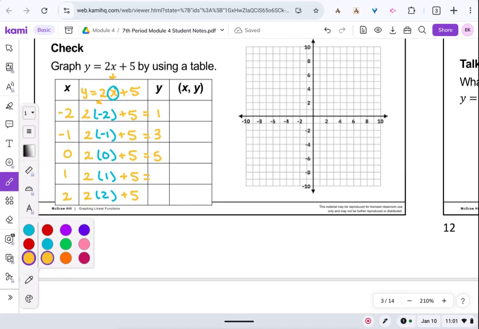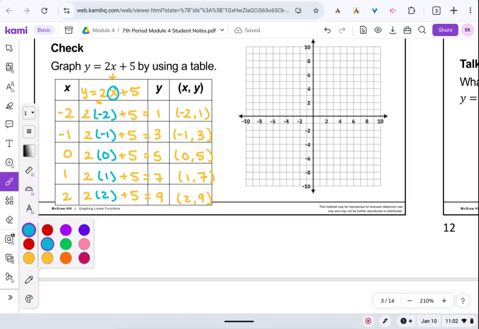If you want to do these calculations, you can. Then 7, and then 9. Okay, so those are our y values. Now we're going to combine our x and y column to make an ordered pair. So negative 2, comma 1, negative 1, comma 3, 0, comma 5, 1, comma 7, and 2, comma 9.